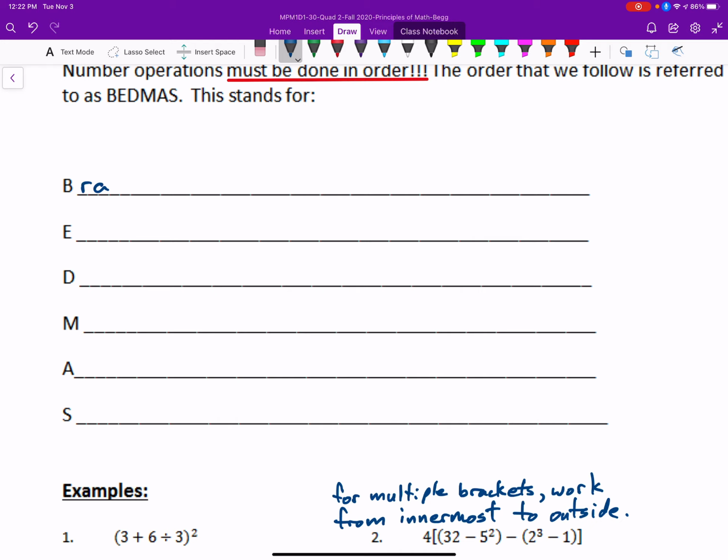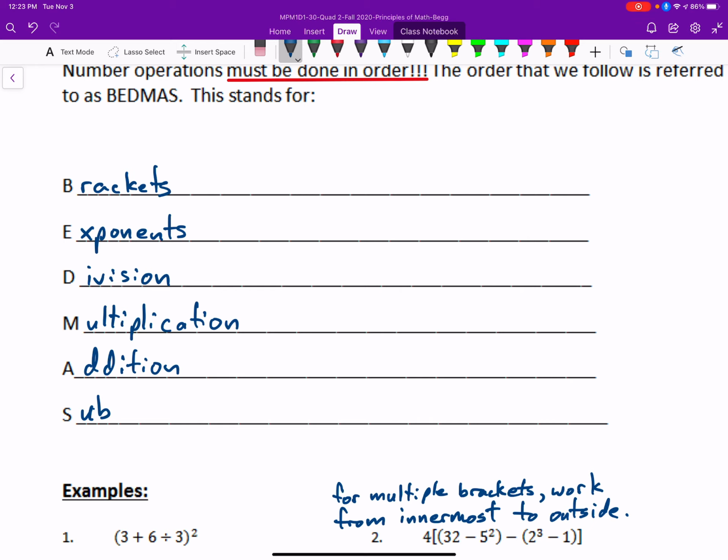It's brackets, exponents, division, I can spell, multiplication, addition, and subtraction. I would say last but not least subtraction, but in a way, addition and subtraction are kind of the least. Subtraction. There we go.